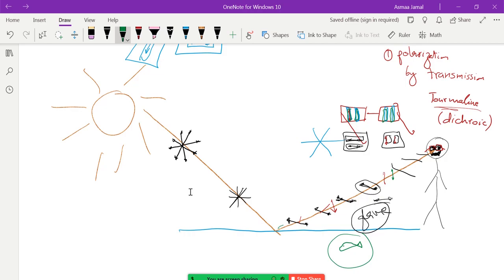Otherwise, the reflection of the horizontal plane will hurt your eyes. You cannot see anything inside the water. So the water reflects mostly the horizontal planes. That's the second method, polarization by reflection.